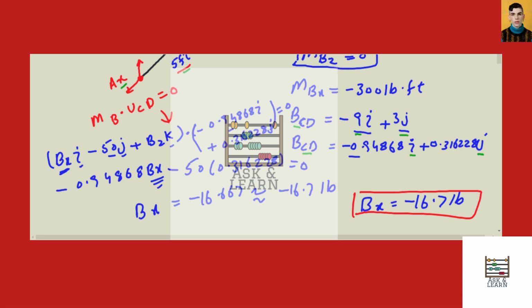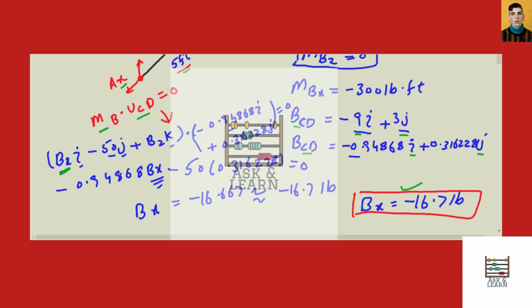So for finding the bx reaction, which is here, we need to apply some formula, right? So this is a vector, and this is the moment about point b, right? So we need to apply some rule here. We will put all these into 0, and this is bx. Our focus is on this bx, right?